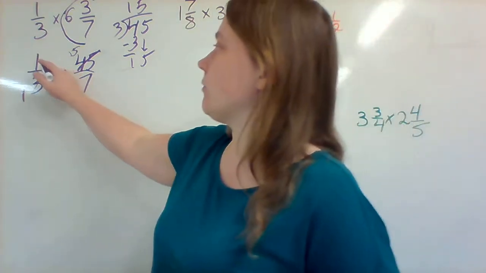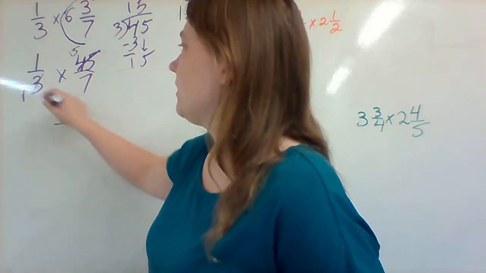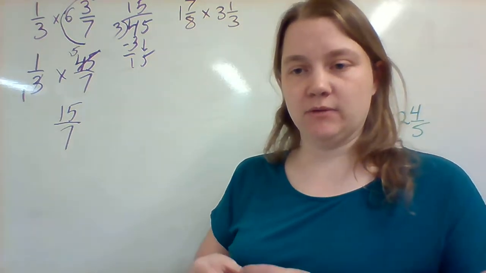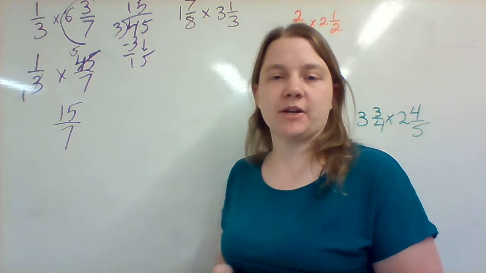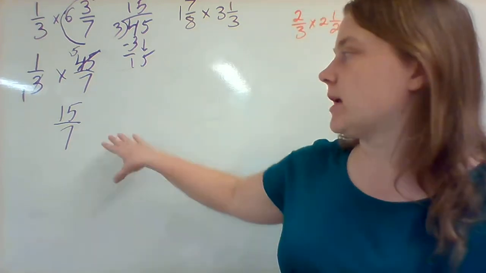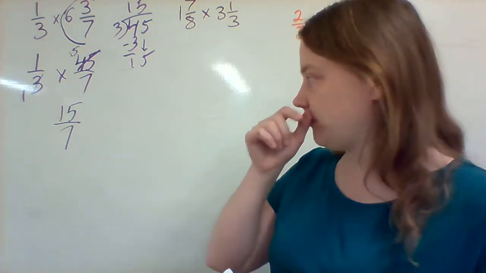So now I have 1 times 15 is 15, and I have 1 times 7 is 7, and I get 15 over 7. Which is great, except that answer is an improper fraction, and now that we're not multiplying, we need to change it back into a mixed number.